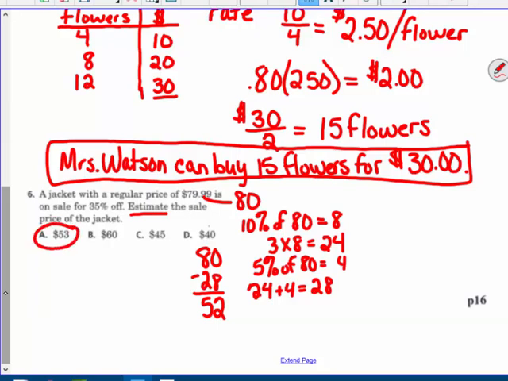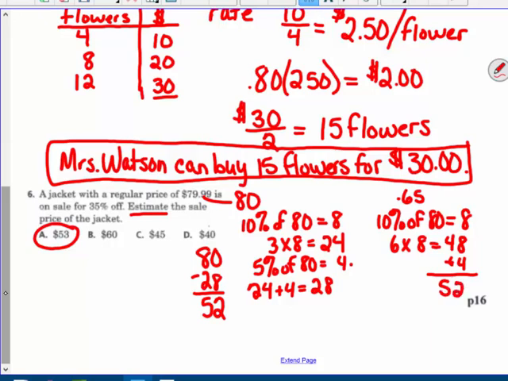A. Well, the other way I could have done this was to do, if it's 35% off, figure out what the 65% is, right? So again, I could do that 10, here's my estimation skills, 10% of 80 we did, that's 8. 6 times that 8 would give me 48, and I know 5% because I did it right here. 48 plus that $4, that 5%, that would also get me to $52.